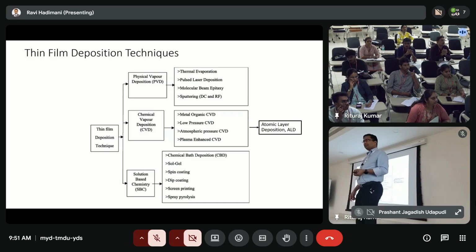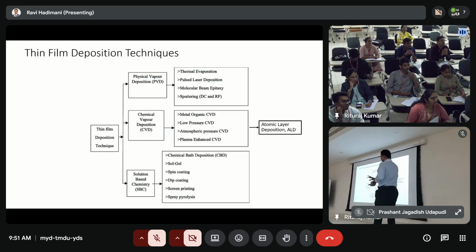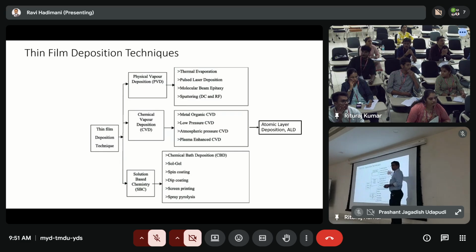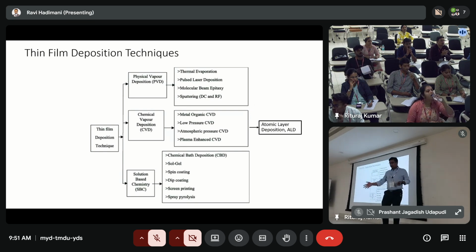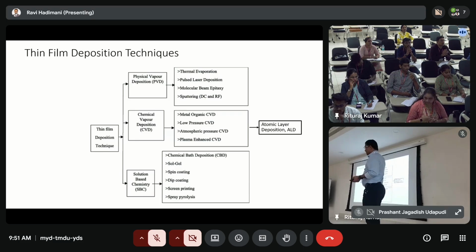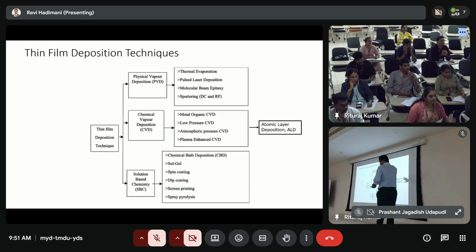But anyway, these ones, 10 to the power minus 5, or 100,000 times lower than atmospheric pressure, meaning high vacuum. And these also need high vacuum.